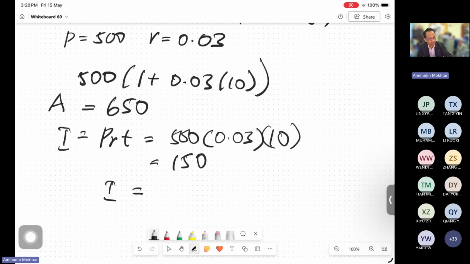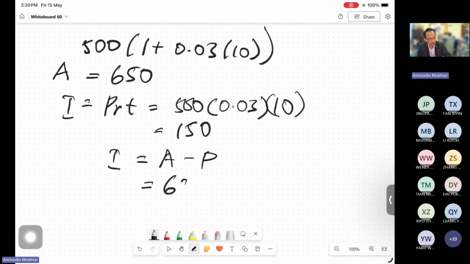This amount is also equal to A minus P, where A is 650 minus 500 equal to 150. That's how to calculate the simple interest rate based on the formulas 2.1 and 2.2.